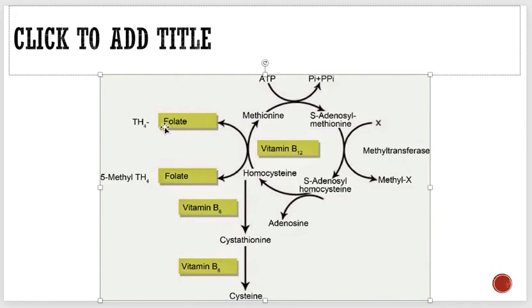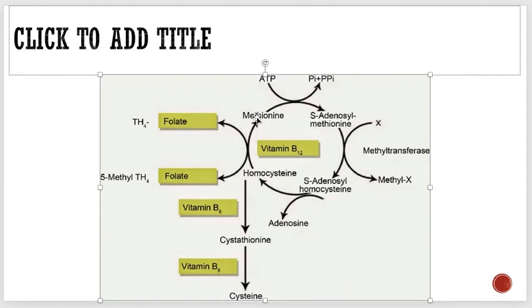Folate is converted into 5-methyl folate, and vitamin B12 is changing homocysteine to methionine. The name of the enzyme is methionine synthase. So what will happen if vitamin B12 is not there? Simply, homocysteine will not be converted into methionine. And when it is not converted into methionine, what is going to happen? Which thing is going to build up in the body?